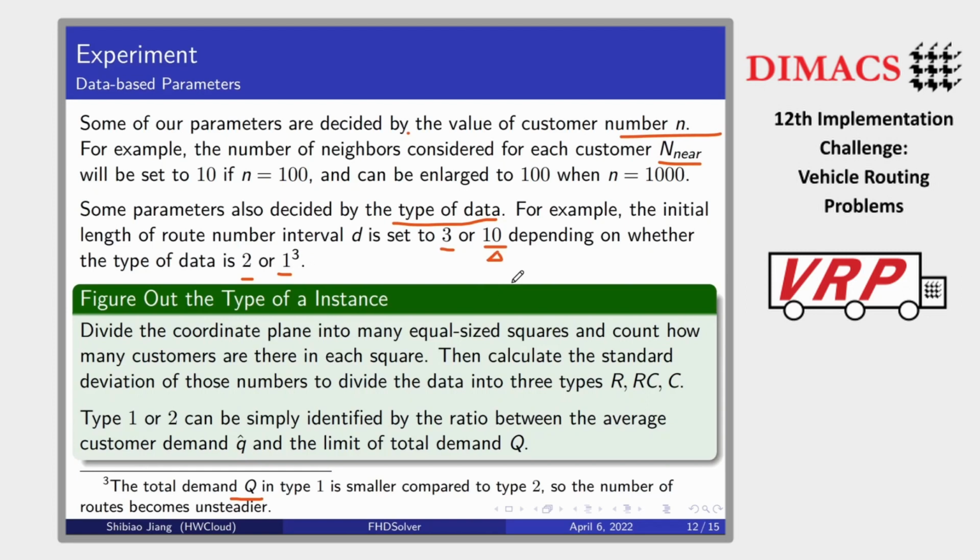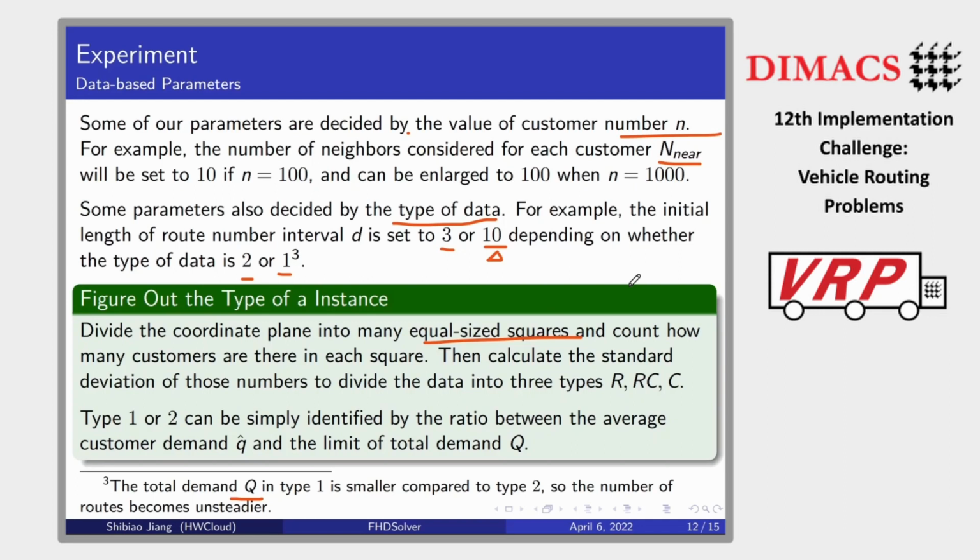And I want to illustrate more about how to figure out the type of instance. We divide the plane into many equal-sized squares and count how many customers are there in each square. Then we calculate the standard deviation of those numbers to divide the data into 3 types: random, random cluster, and cluster.